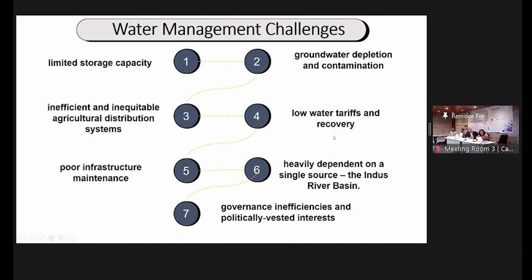The tariffs and recovery rates are very low, so it's not giving us enough funds, and operation and management expenses could not be covered because of the low pricing and tariffs. Infrastructure maintenance issues are there, and we are heavily dependent upon a single source, which I already mentioned in the first slides, the Indus River basin. Along with that, government policy related inefficiencies are also there.